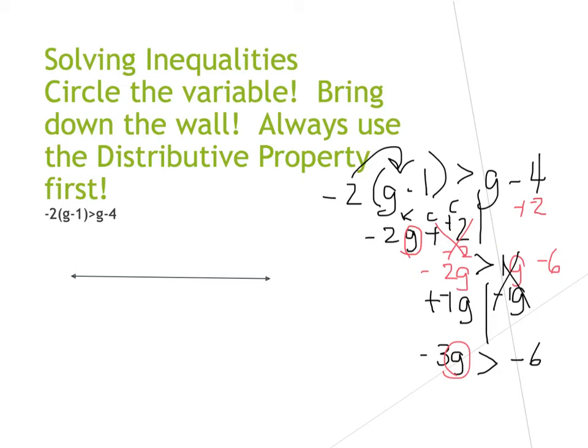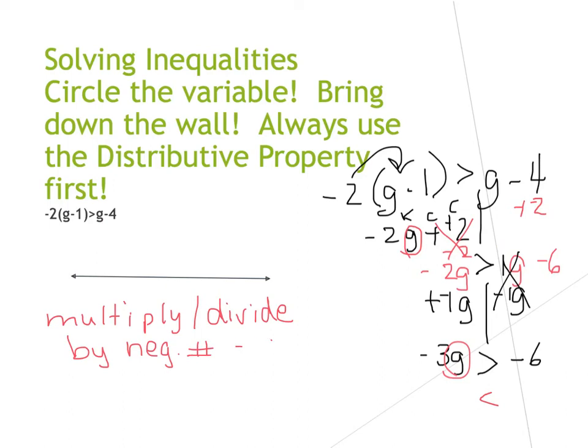So I'm going to take this greater than sign and make it a less than sign. And remember, anytime you multiply or divide by a negative number, flip the inequality.